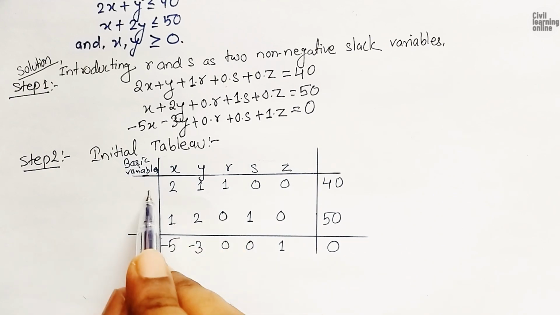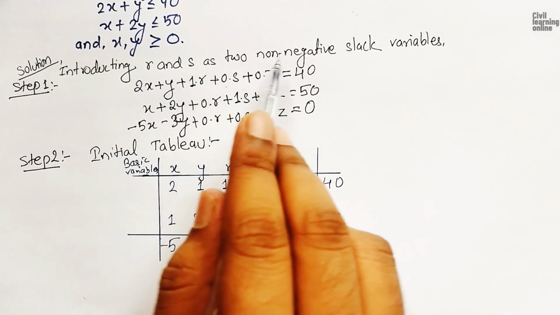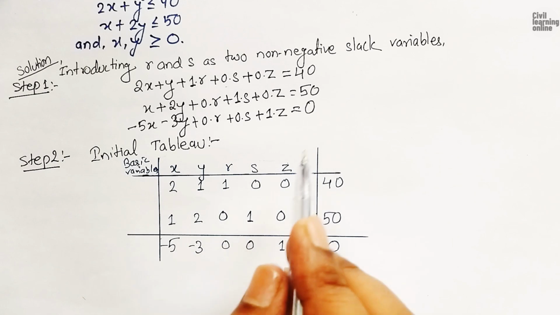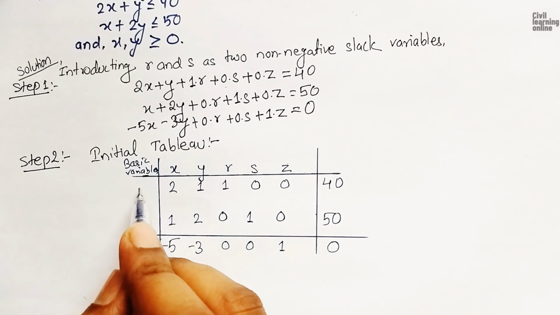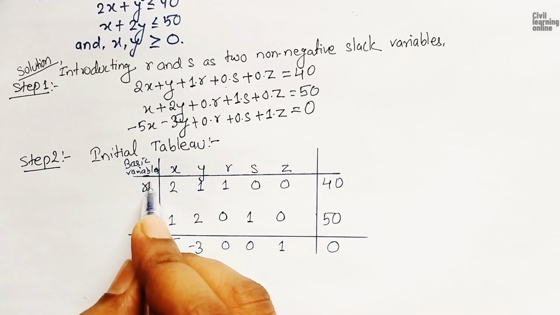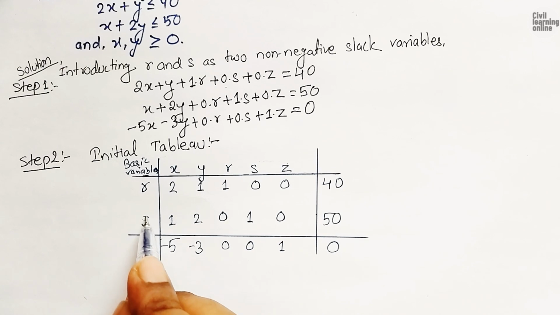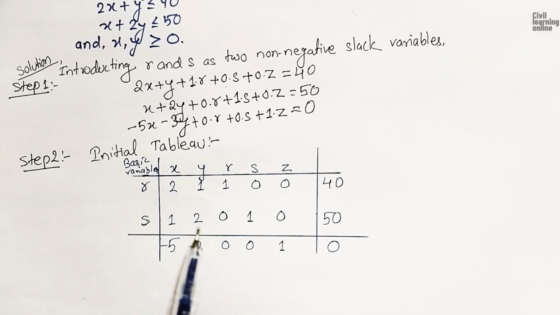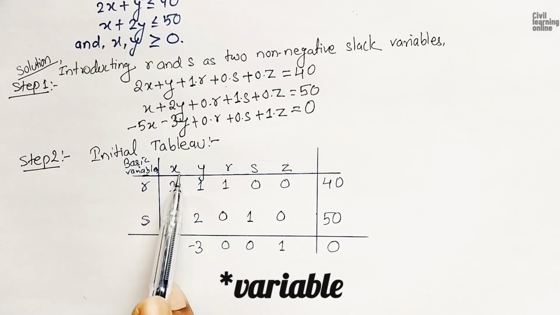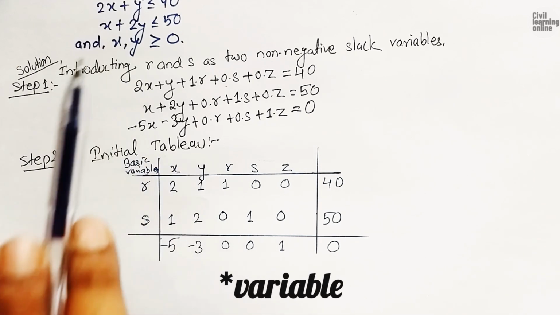And here we are going to write the slack variables which we introduced in the equations. So here we will write r and s. In this numerical I have taken them as r and s. You can take any other letters, but they should not coincide with the variables given in your equation.